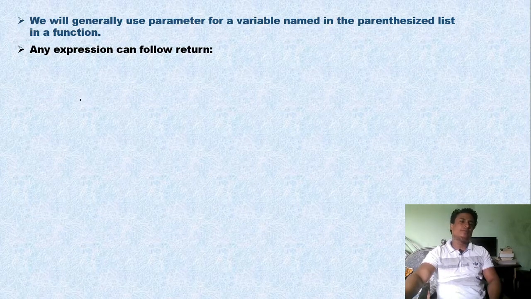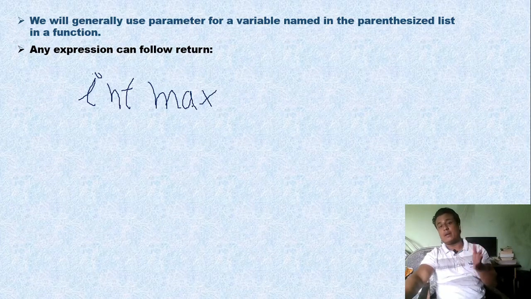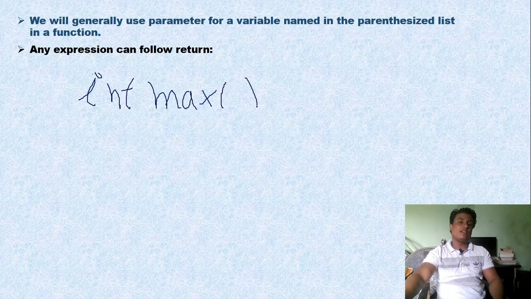So suppose this is a function, int max. It is integer type, return type integer, meaning this function must return a value which is integer type. I explained return types in the last lecture. It's nothing but what the function is going to return.